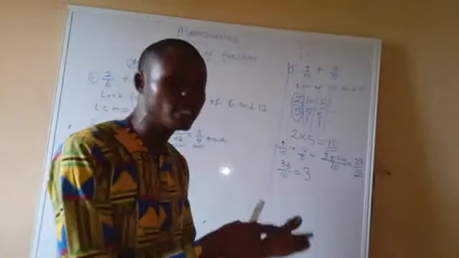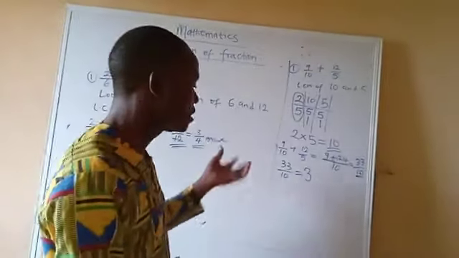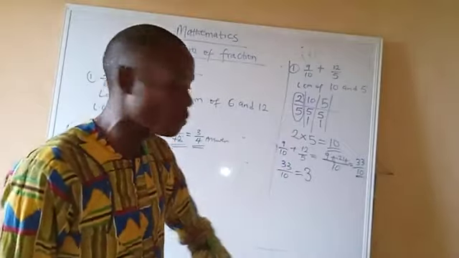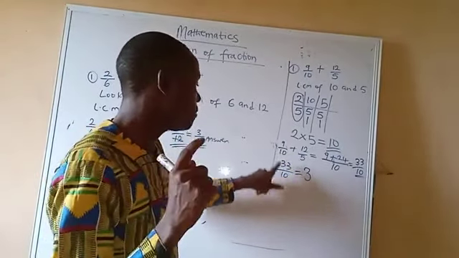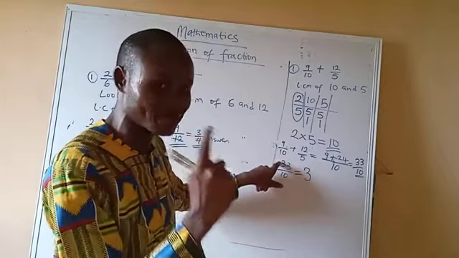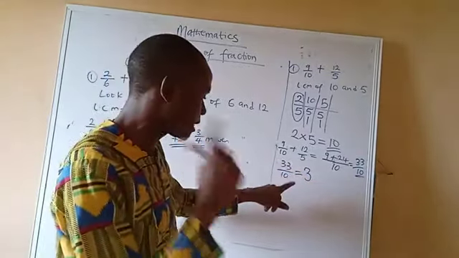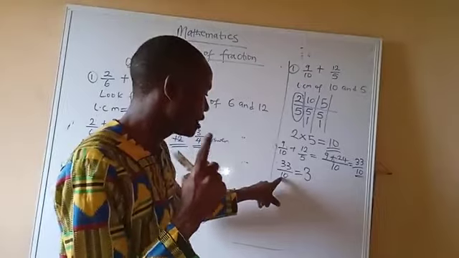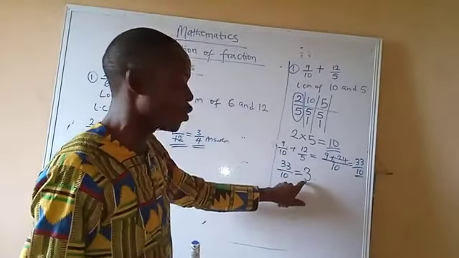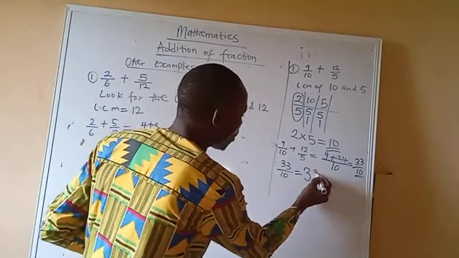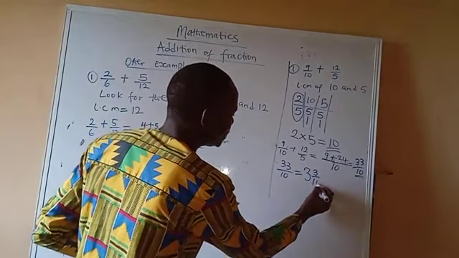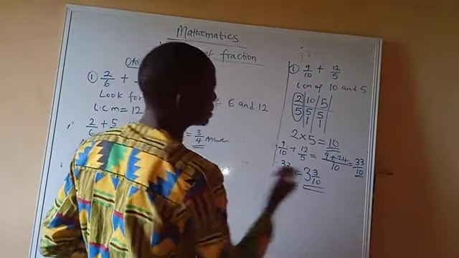I think I explained this before when I was converting improper fraction to mixed number. That 3, you write it as your whole number. Then the remainder 3, you put it up all over 10. So this is your answer.